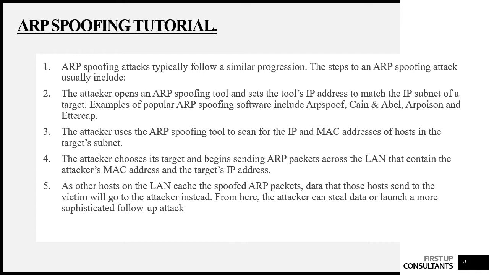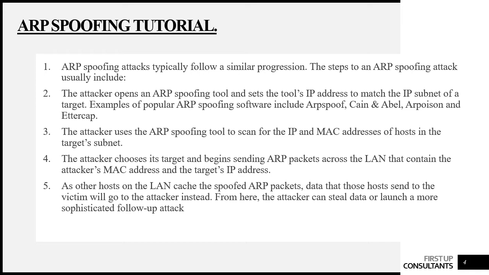The attacker uses the ARP spoofing tool to scan for the IP and MAC addresses of hosts in the target's subnet. Number four, the attacker chooses its targets and begins sending ARP packets across the local area network that contain the attacker's MAC address and the target IP address.